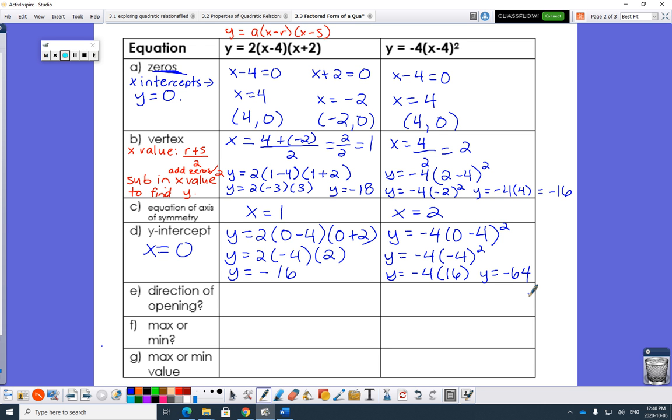Direction of opening. So what I'll do, I'll highlight so I don't have to squish. Okay, so you look here and here. This one is positive, so how does it open? Up. This one's down.